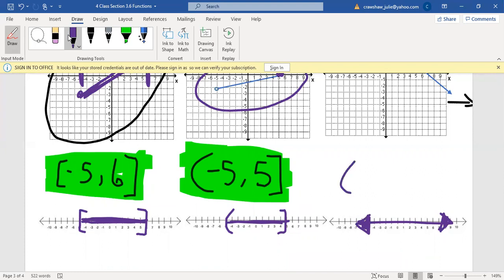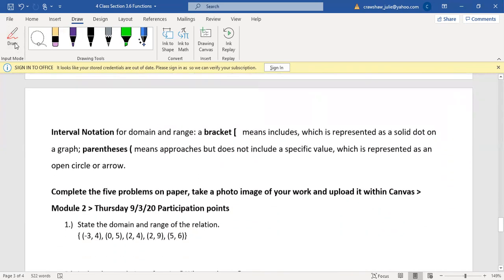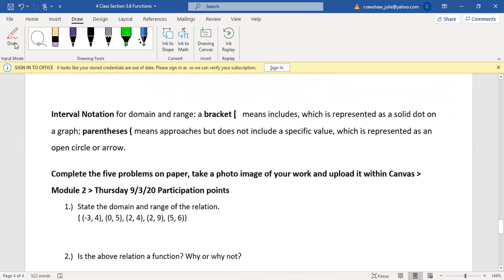And for my interval notation, I'm going to say parenthesis, -infinity, comma, +infinity. Because that's how I represent interval notation, meaning everything on the number line. So interval notation for domain and range, a bracket means includes, a parenthesis means approaches, but never gets there or never stops. It just keeps going on.